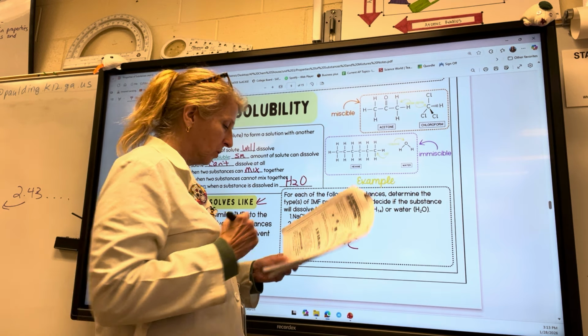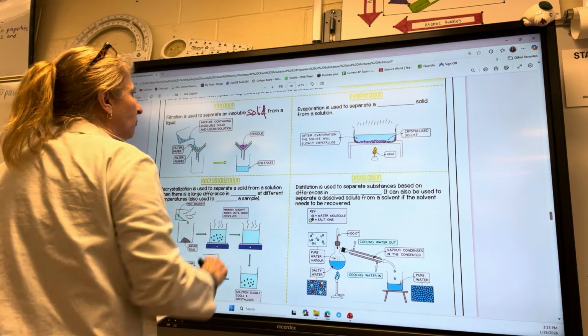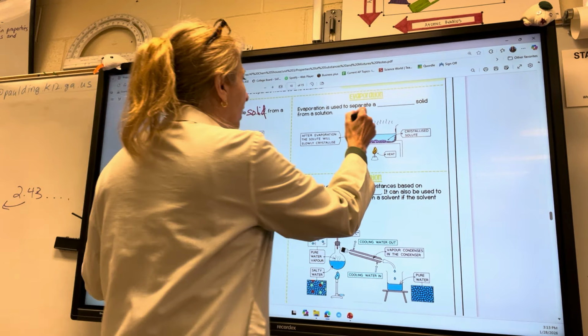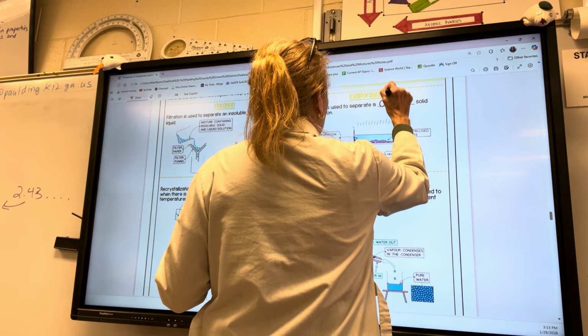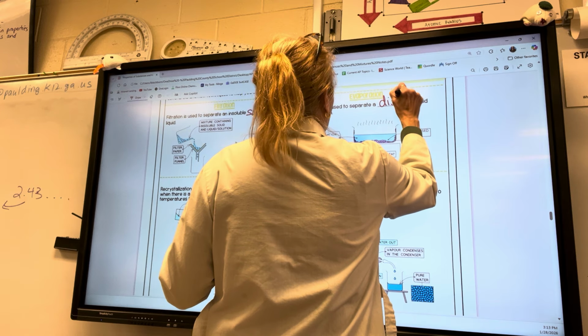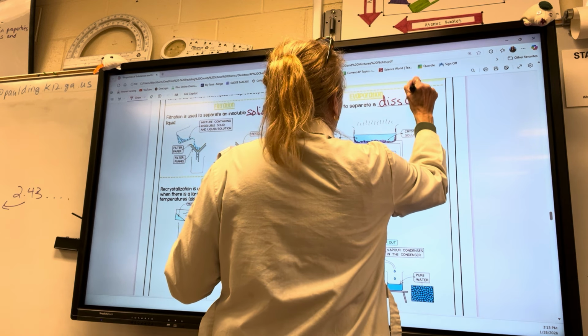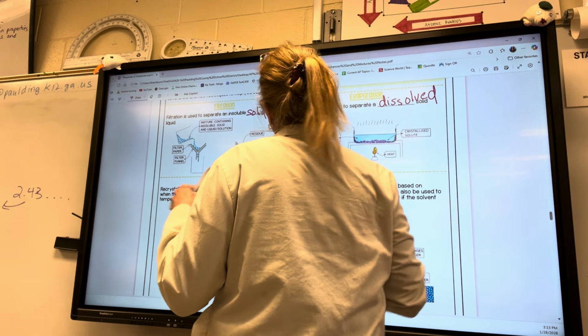Okay, separation techniques. This is just some lab stuff. Sometimes you use filter paper in a funnel, and that's to get a solid out of a liquid. Okay. Evaporation, if something has been dissolved, you can evaporate it and the water will go away and leave whatever you dissolved in it behind.